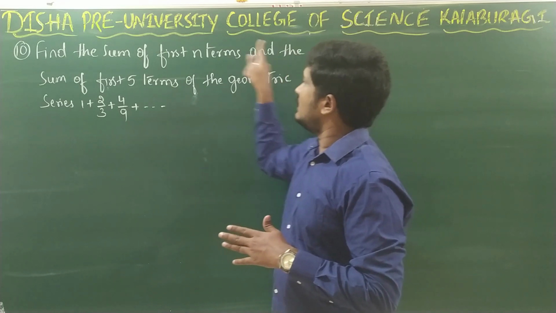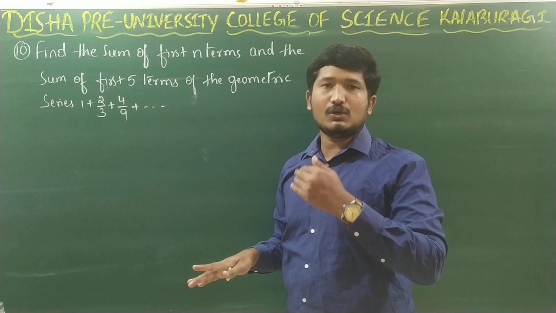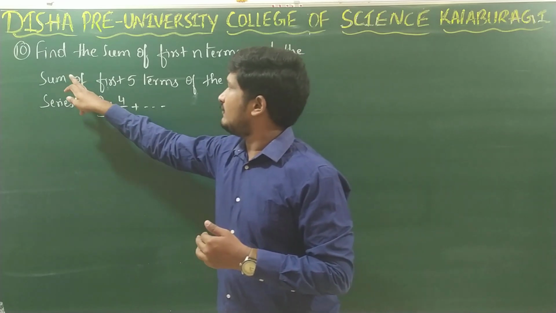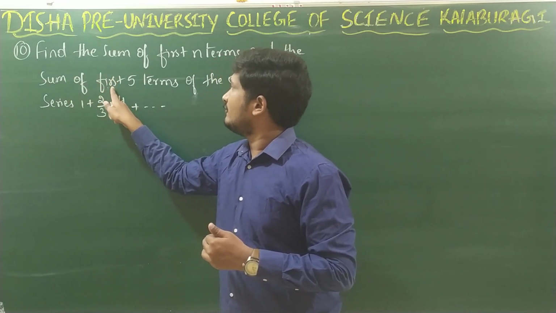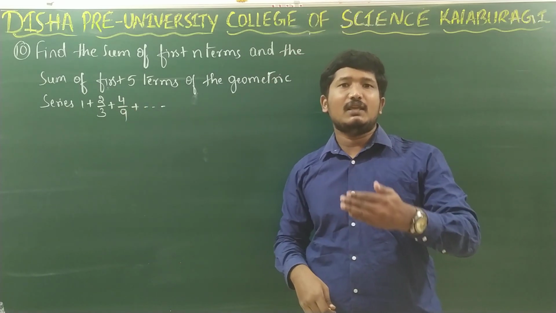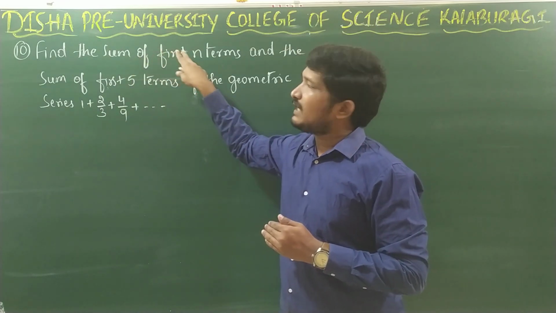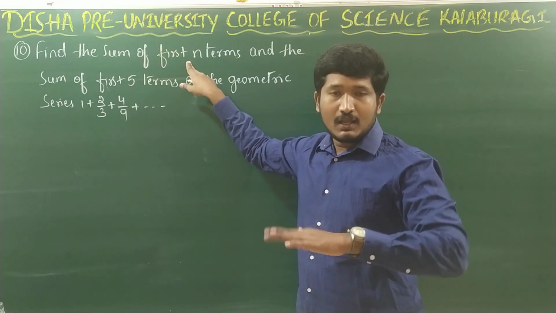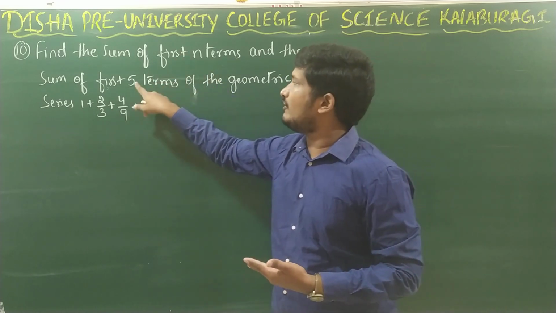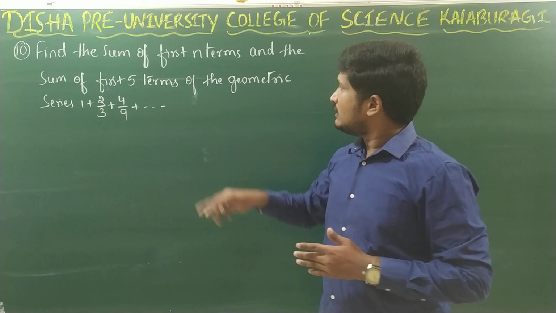And we also have to calculate the sum of first 5 terms, that is S5. If I calculate Sn and substitute the value of n as 5, I will get S5.